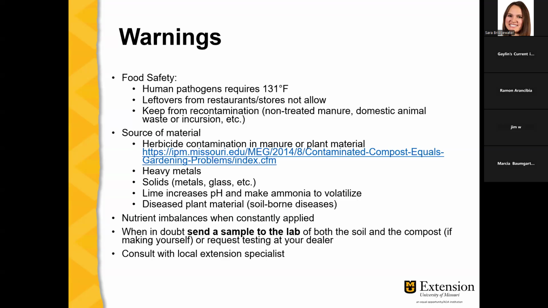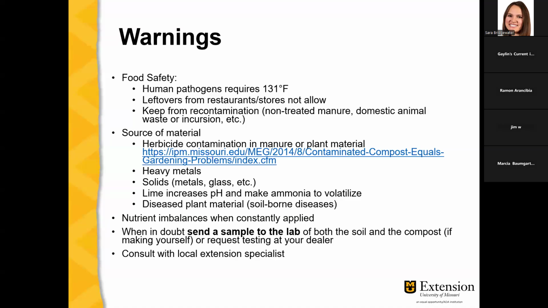The other thing that I'm going to talk about in more detail is diseased plants, particularly plants that are infected with soil-borne diseases. You don't want to recycle those plants, not to the soil, not to the compost pile, because a lot of the soil-borne diseases can handle very high temperatures, so you won't be able to kill them at the temperature that the compost pile reaches.